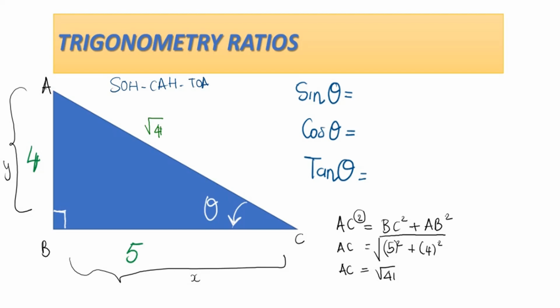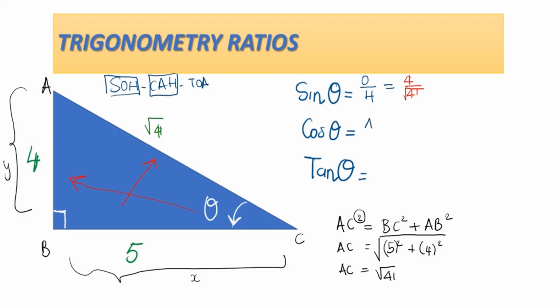Like I mentioned, sine of theta is opposite over your hypotenuse. What is the opposite side? The opposite side is 4. And what is your hypotenuse? It is the square root of 41. What is the cos of theta? It's adjacent over hypotenuse.